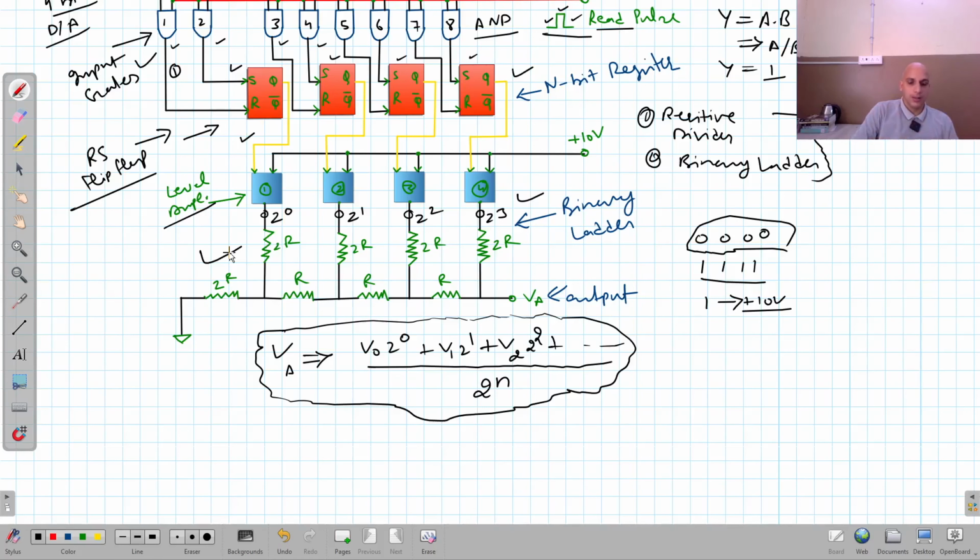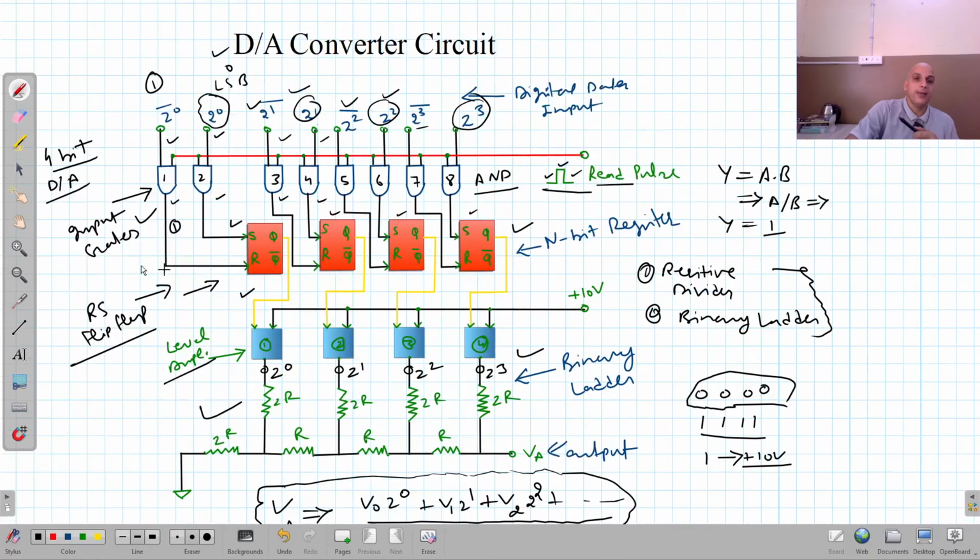So this is the working of this 4-bit D2A converter circuit. Sometimes the examiner can ask you to explain the working of D2A converters.